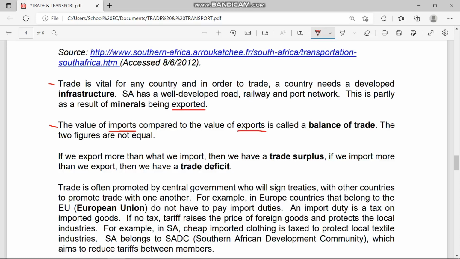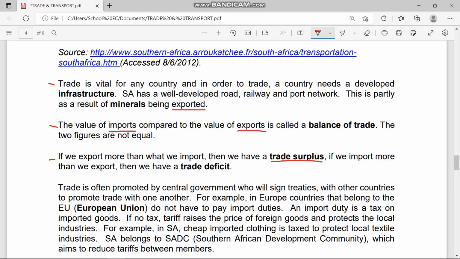So the two figures are not equal, as I have explained. If we export more than we import, then we have a trade surplus, which is a positive balance of trade. Let me repeat.